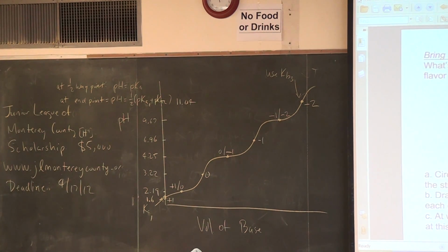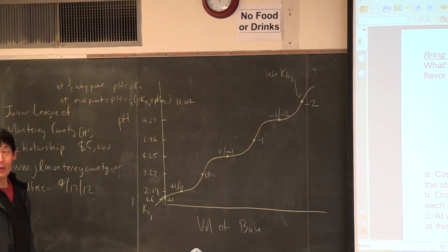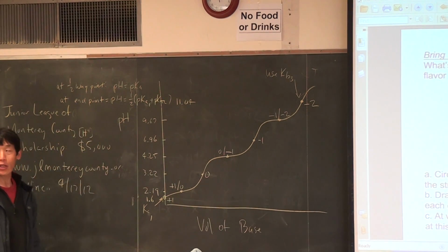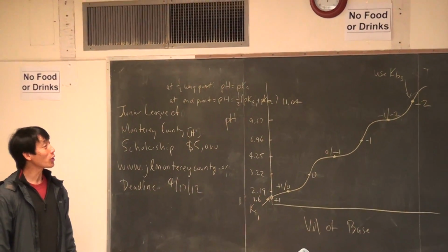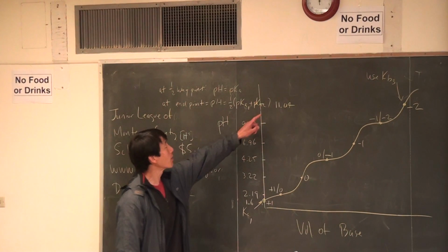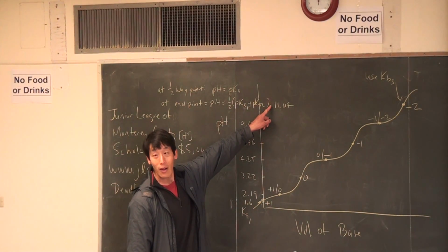Now does that make sense in terms of foods? In other words, should you use a disodium glutamate? For disodium, that's Na2, so for disodium glutamate, DSG, although you never find DSG, the charge on the glutamate is going to be -2, and the pH at that point is 11.04.